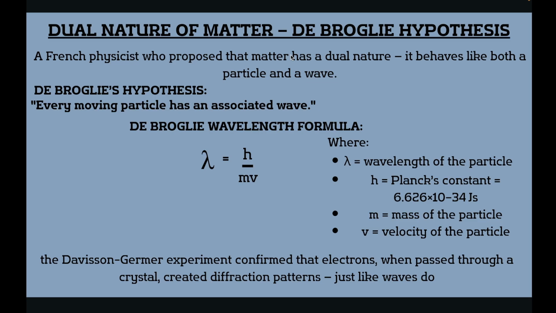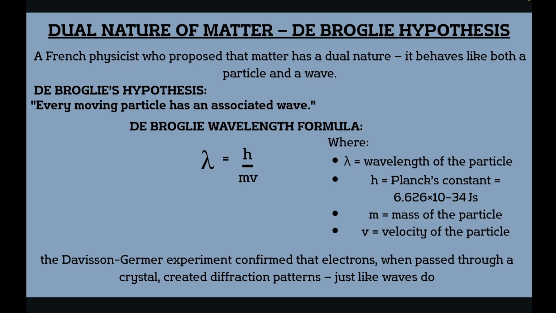A French scientist proposed that matter has a dual nature. It behaves like both a particle and a wave. Bohr's model assumed that an electron had a fixed position and fixed speed in an orbit.